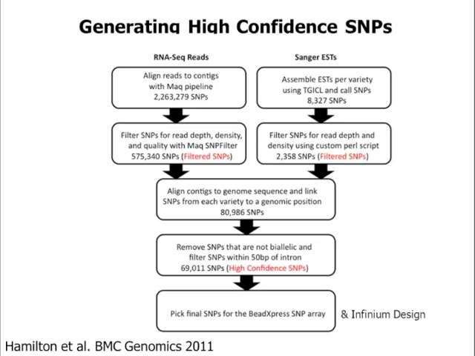So that's where we went from 80,000 down to 69,000. And that's just design criteria. The 81,000 are actually high confidence SNPs as well, but they may have too many SNPs next to the one SNP you'd want to measure, so you can't design an assay properly against those.